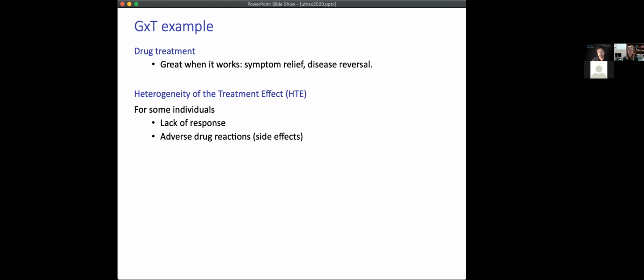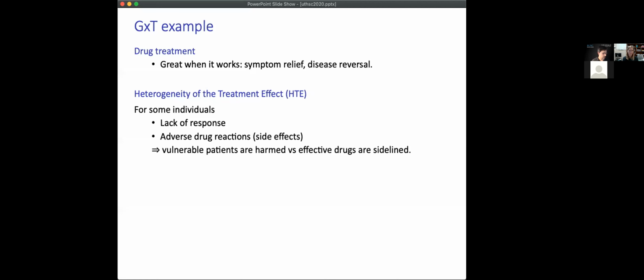What that means is that for some individuals, this variability of the treatment effect results in a lack of response, or even in some cases an adverse drug reaction, in other words a side effect, and that can obviously be a problem.